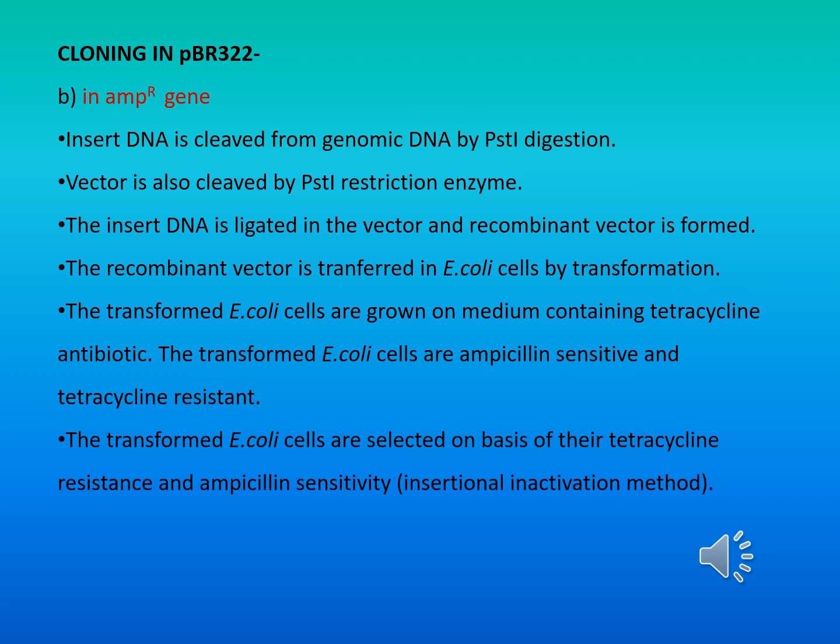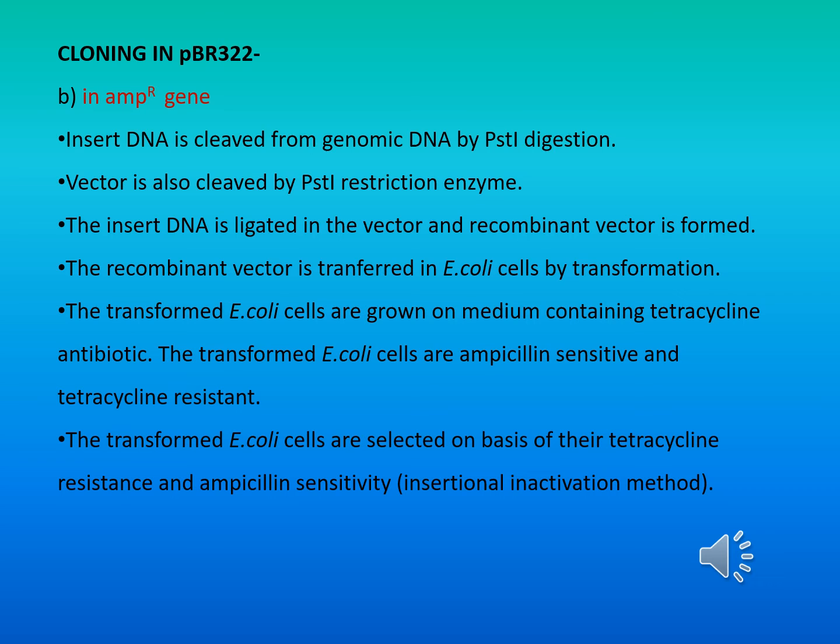Similarly, we can clone in the ampicillin gene of pBR322. As we have cloned earlier, in the similar way, we can clone in this gene. First of all, genomic DNA and vector DNA are cleaved with the PstI restriction enzyme. After cleavage, insert DNA is ligated in the vector and the recombinant vector is formed. Finally, the recombinant vector is transferred into E. coli by the process of transformation.